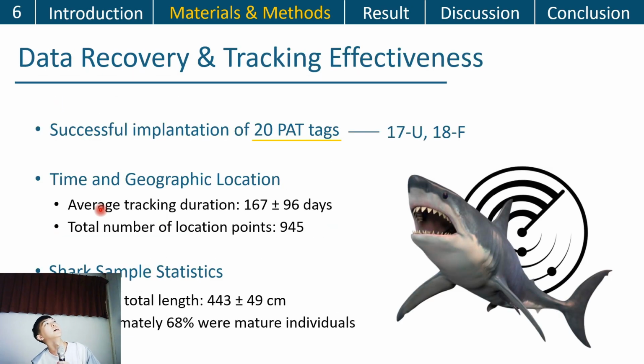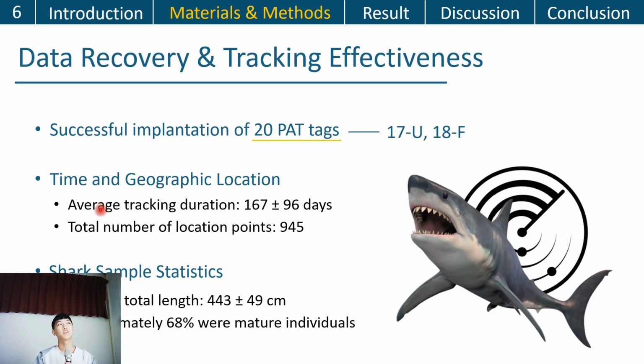And this is their data recovery and tracking effectiveness. The research team deployed 29 tags and successfully recovered the data from 20 sharks. And then they even got physical tags.